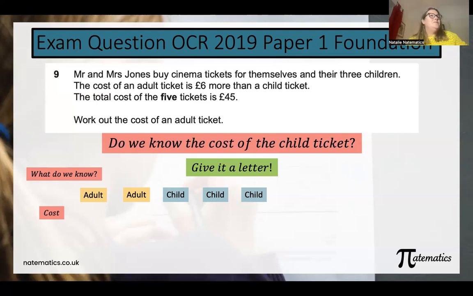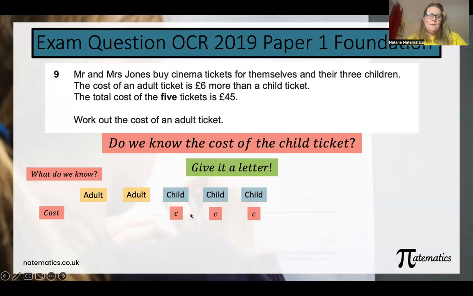It's a question about the cost of a ticket in the cinema. We don't know what the child cost is, but we're going to give it a letter. We're just going to call it C. You could call it X. You could put just a little question mark if you wanted, or a symbol, whatever you want to do, but as long as it's the same for each of these.